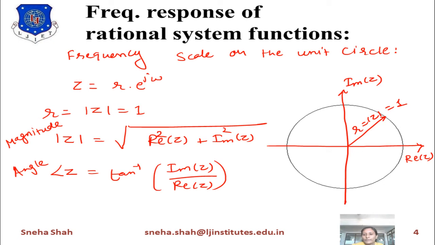So what is the phase angle? Suppose I represent this as the phase angle omega. Why did we take this as omega? Because we can say r into e raised to j theta, right? So instead of theta we have written omega. So this one is the phase angle.